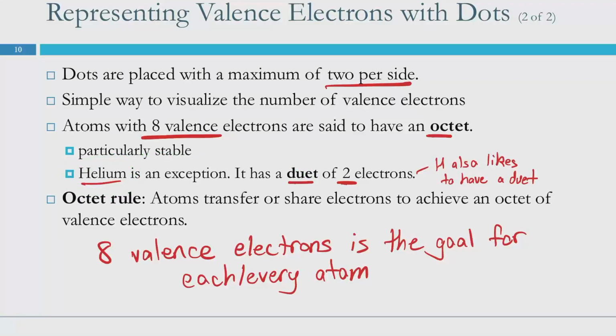Why do hydrogen and helium, why are those happy with 2 valence electrons? Any ideas? If they have 2 valence electrons, what does that mean for their electron configuration? Hydrogen has the electron configuration 1s1. If it has 2 electrons, then it would be 1s2.